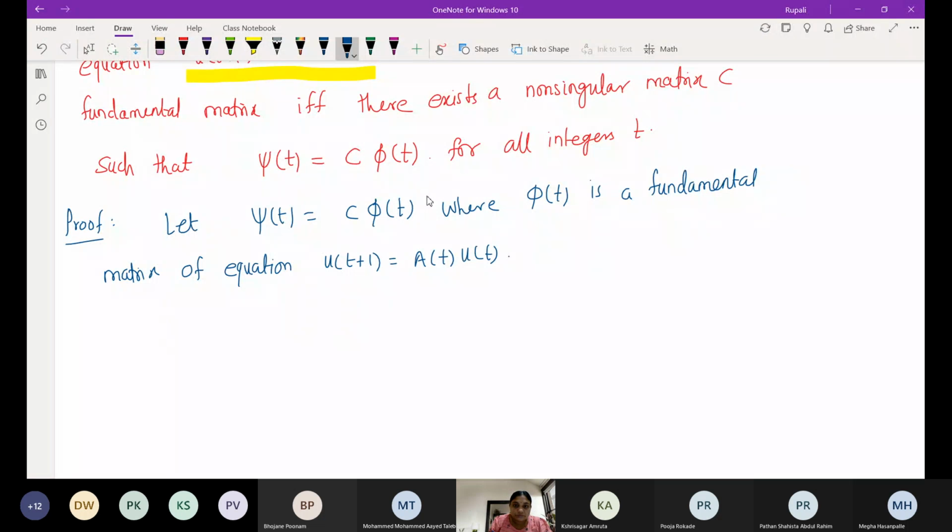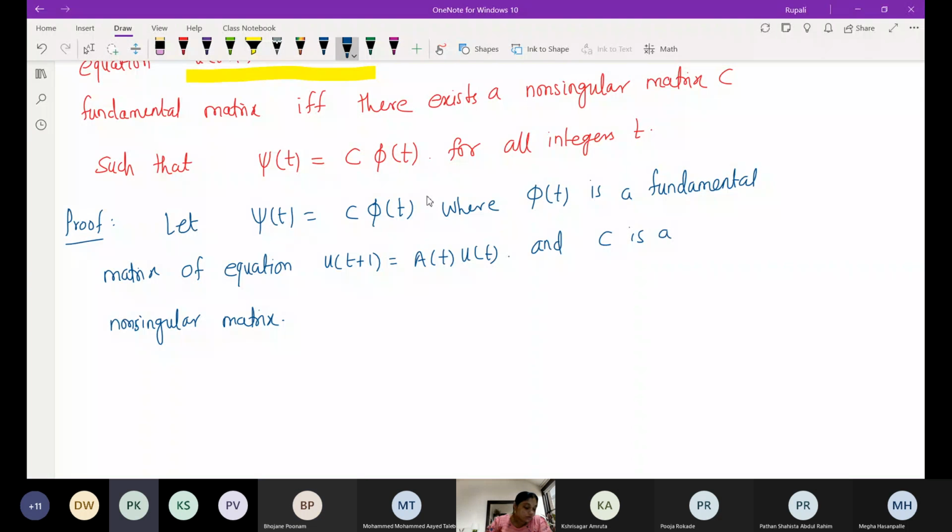And C is given to be a non-singular matrix. So what can I say about the determinant of C?